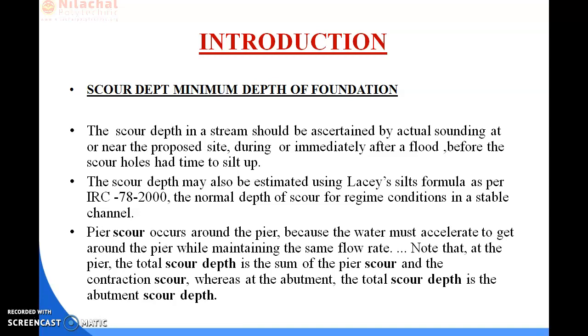Okay. And next, ds is what? ds is your scour depth which is below the high flood level, and what is your q? Q means your design discharge in meter cube per second. Okay.